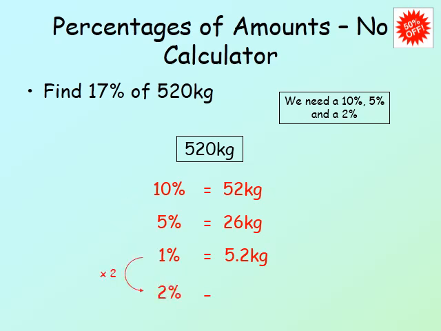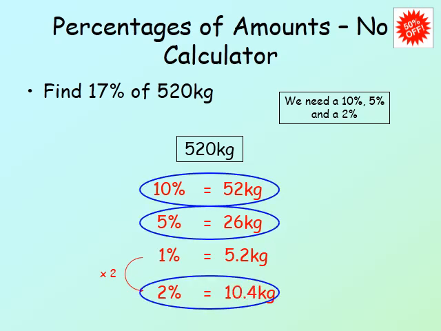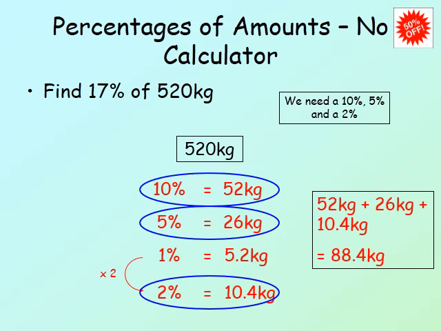Okay, so we're going to double that to get 10.4, and we circle the ones that we need, the 10, the 5 and the 2, and we're just going to add all those together. 52 kg plus 26 kg plus 10.4 kg, the answer is 88.4 kg.